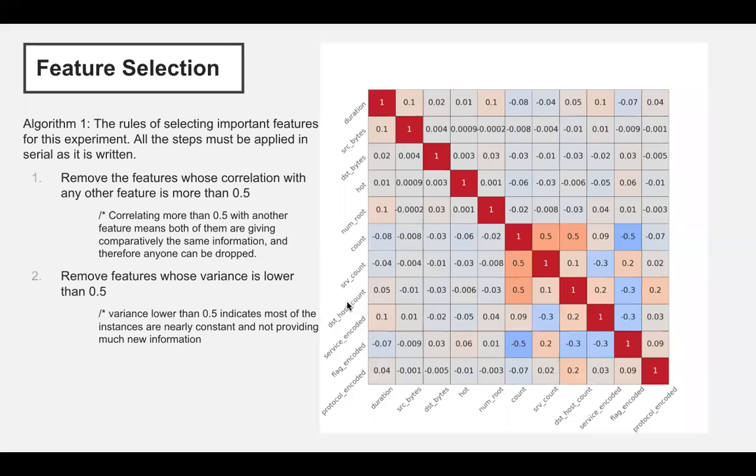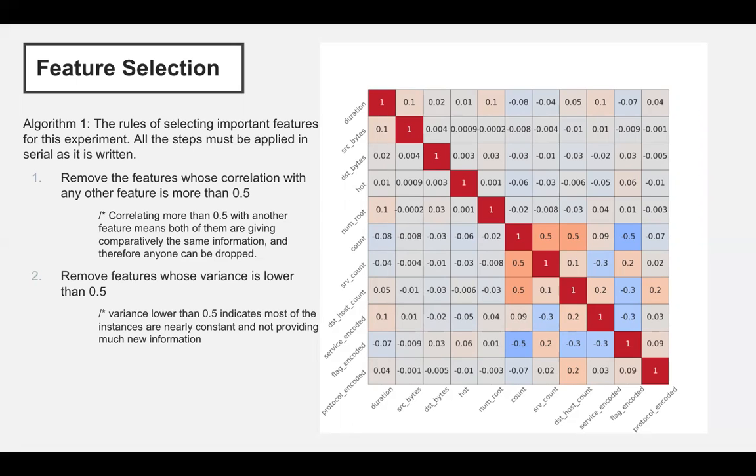So for selecting the most important features, we just followed a simple theorem. As we know, machine learning models requires the most unique and new information to perform best. If a feature can be represented by another feature, that means both are providing the same information. Therefore, any one of them can be dropped.